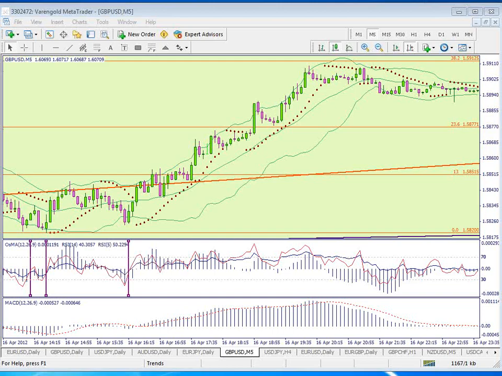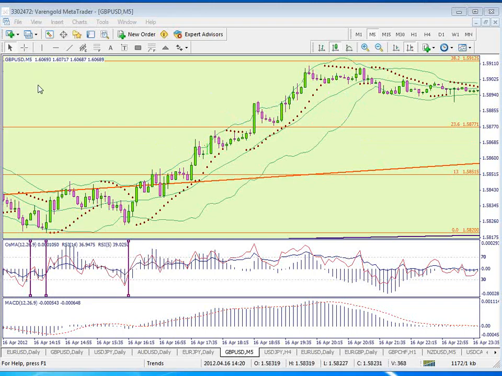Craig is asking me, do you account for the spread when setting your stop loss? As you probably know, I prefer to trade majors. This is one of the reasons, because sometimes I'm going into trades on smaller time frames.